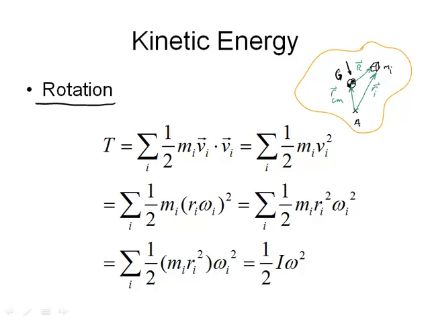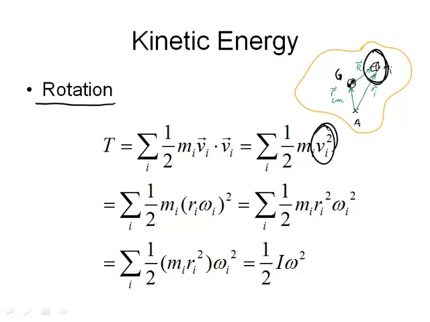Oftentimes we'll just register that with a G for the center of gravity. Okay, to figure out then what is the kinetic energy of that mass m sub i, well, that's just going to be 1/2 that mass m sub i times its velocity squared, or its speed. Doesn't really matter when it comes to kinetic energy. Speed is what counts because it's not a vector quantity.